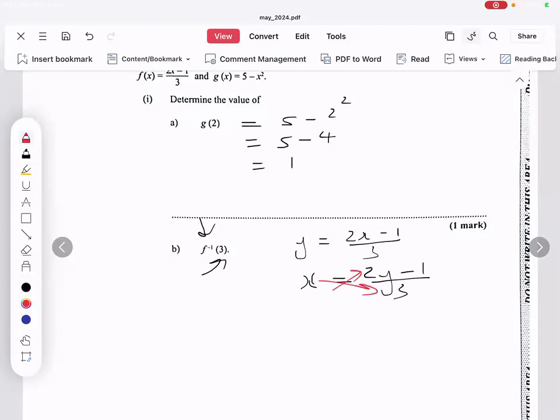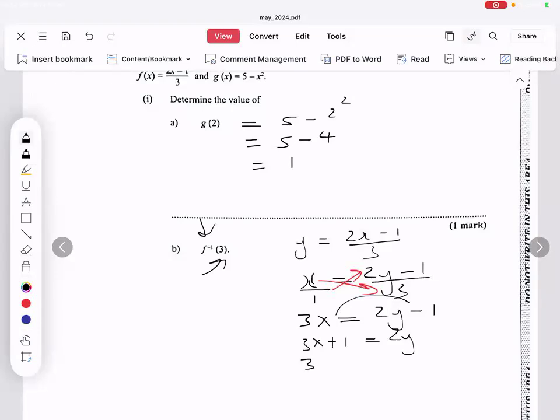Cross multiply here. x times 3 is going to give us 3x. And when you put this over 1, 1 times anything is the same thing. We need y by itself. Remember, the objective is to get y by itself. So bring over the negative 1. 3x plus 1 equals 2y.